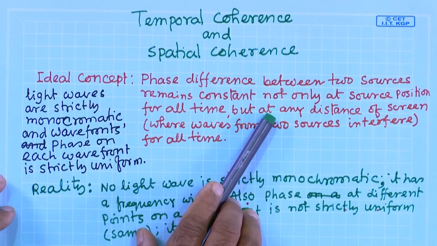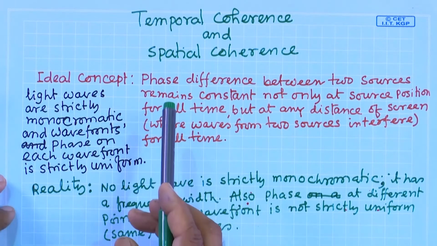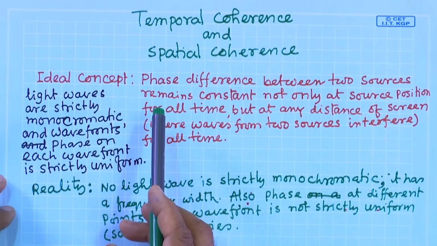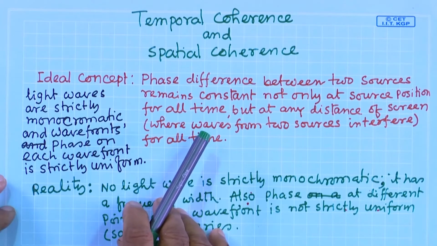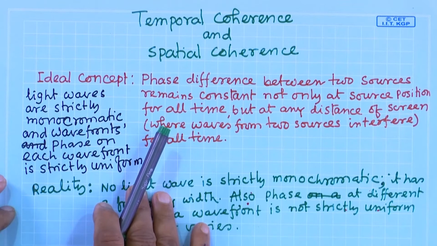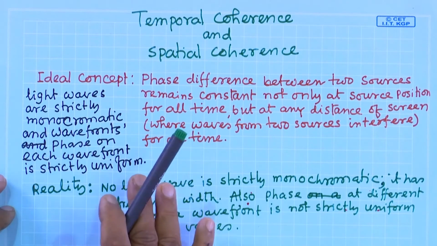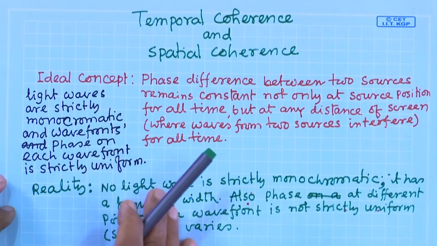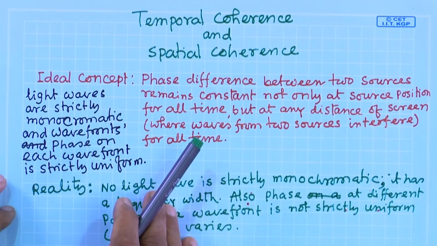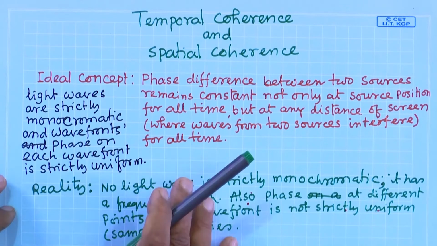and the phase on the wavefront is uniform. What is a wavefront? A wavefront is basically a surface on which the phase is uniform, constant. That is the definition of wavefront.